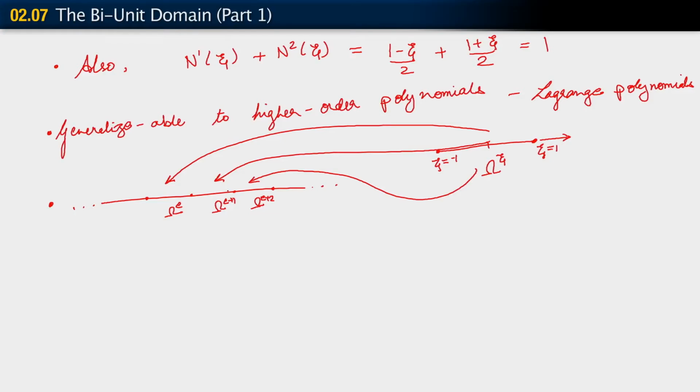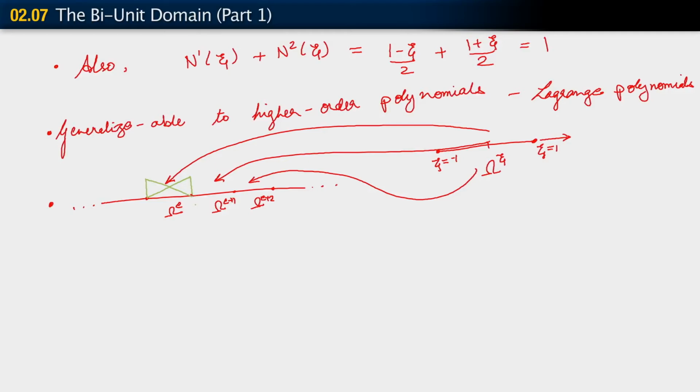Once we do this, we get our basis functions in the physical domain, and I want to draw them in a different color here. In the physical domain, if we look at element omega e, we'd have this basis function and that one.